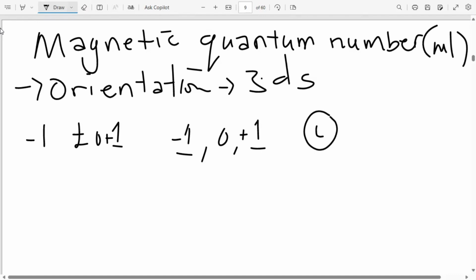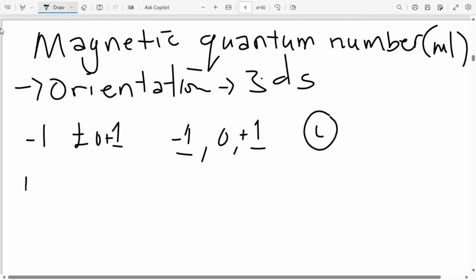So the number of these possible magnetic quantum numbers depends on each given angular momentum quantum number, and it determines the number of individual orbitals within a subshell.